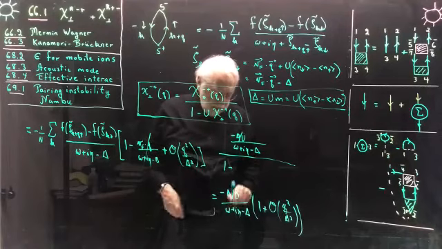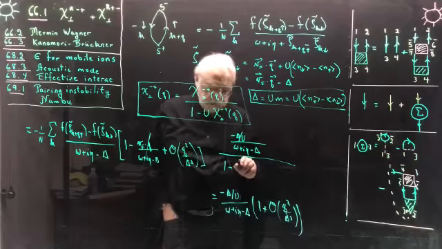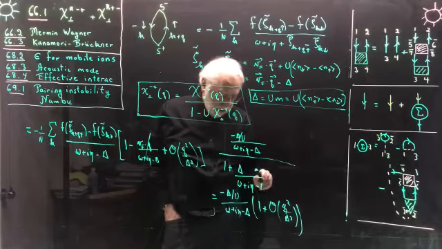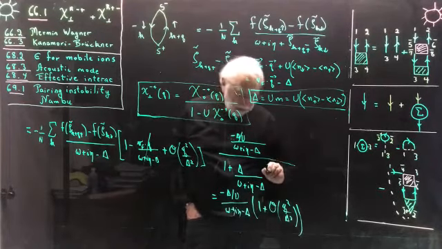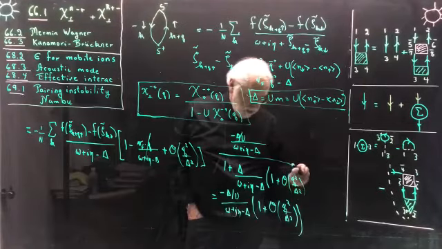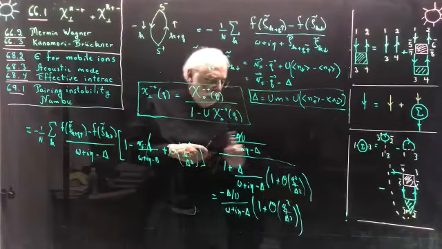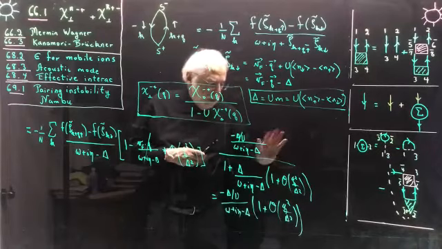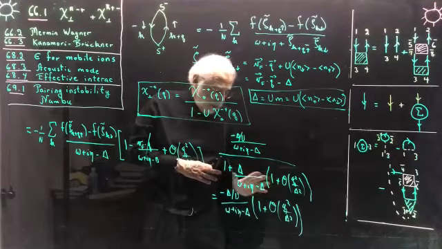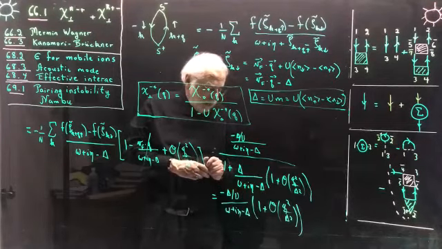U times this is plus delta over omega plus i eta minus delta times 1 plus order Q squared over delta squared. And then the Q squared is in the numerator also, but this is already big. The denominator we have to be more careful with because there will be some cancellation.